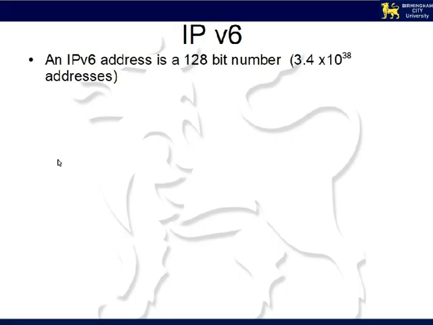We've also come up with clever ways of saving IP addresses as well, some of which we'll talk about in future lectures. However, IP version 6 solves this problem completely by having a vast amount more IP addresses, 3.4 times 10 to the 38, by using a 128-bit number rather than 32 for the IP address.